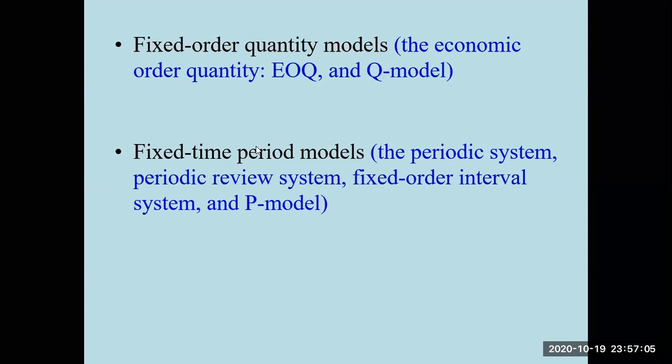Because of the fixed period, this is the P model. And the fixed order quantity model is an event triggered model, and this one is a time triggered model. I will tell you later why the fixed order quantity model is event triggered and why the fixed time period model is time triggered.